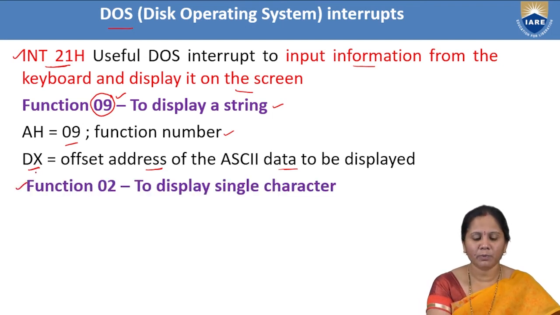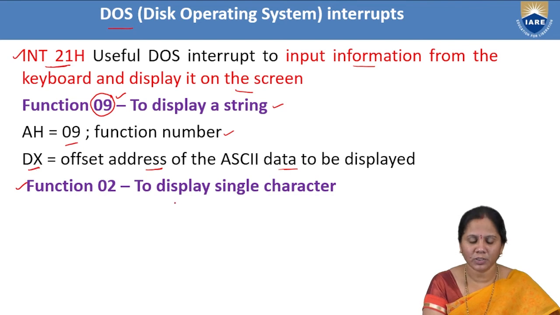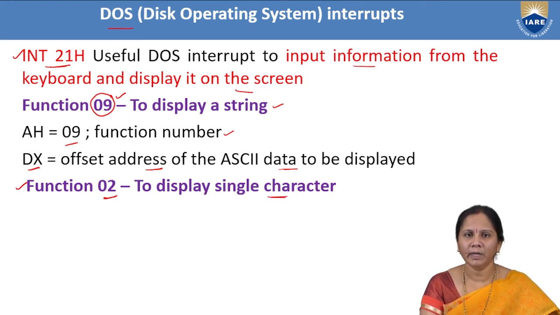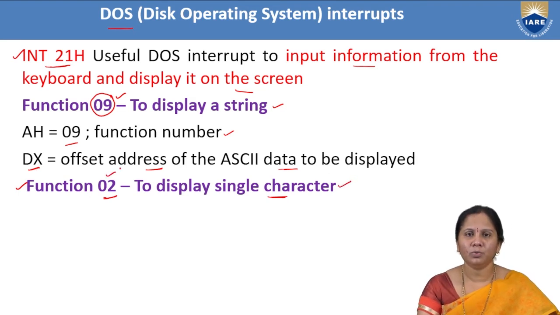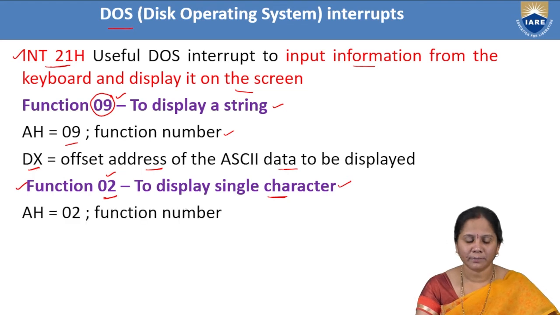Another function provided by INT 21H is function 02. This 02 represents displaying a single character. Only a single character can be displayed. So in order to display a single character, we have to load the value 02 into the AH register.